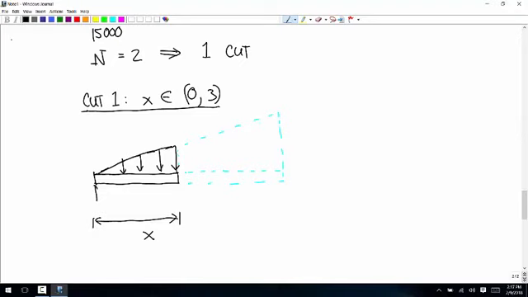We have a force of 15,000 and a couple of 30,000. We have this part of the distributed load, and then we have the internal load, so T, V, M, and torque. Okay, that's everything.